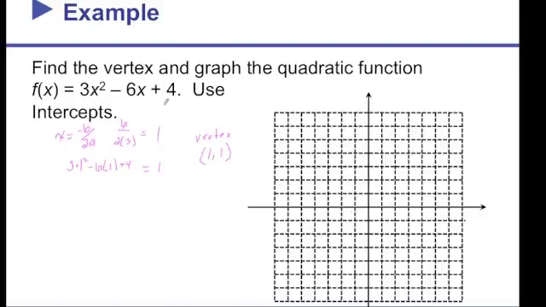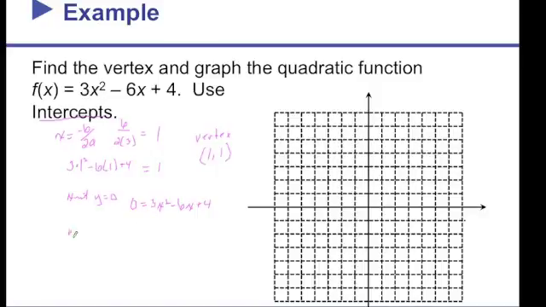It says to use intercepts. Well, finding the x-intercept, y equals 0, we'll have 0 equals 3x squared minus 6x plus 4. I'm thinking that that doesn't solve.